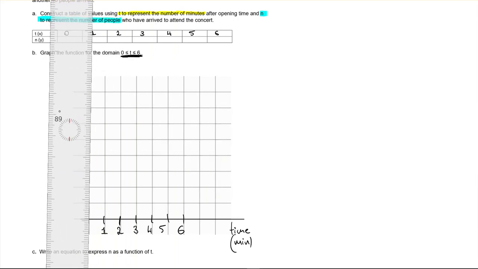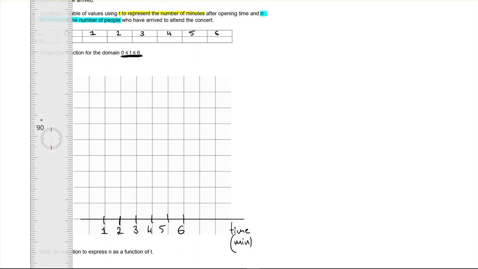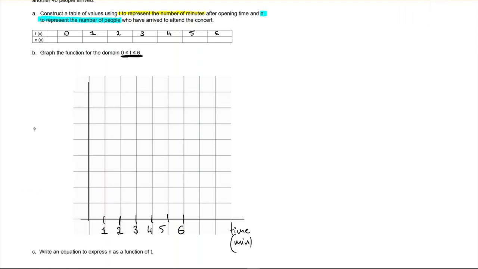And then on my y-axis I'm going to have the number of people attending the concert. So just let's visualize how this will look. So this is number of people attending. Okay, so I'm not going to put any values on the y-axis just yet because I don't know what my biggest number will be.